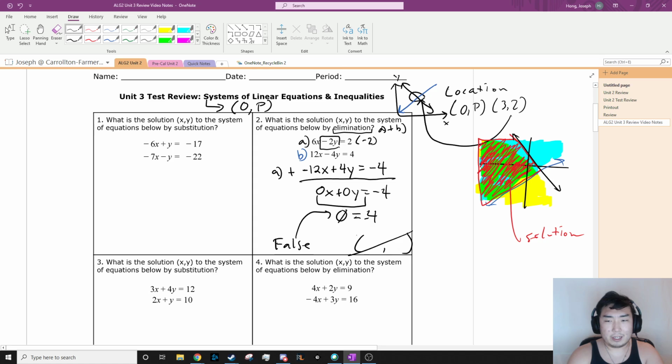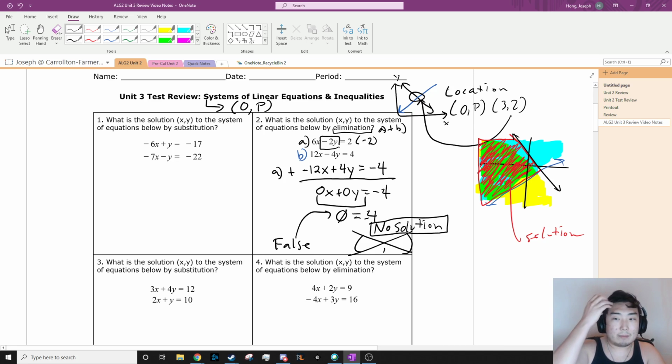So really my answer is no solution. It's important that you understand that concept. Nothing I plug in allows me to make this statement true, because my x's have to work for both equations, and my y's have to work for both of my equations.